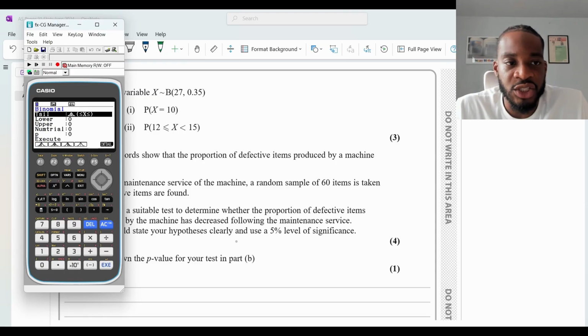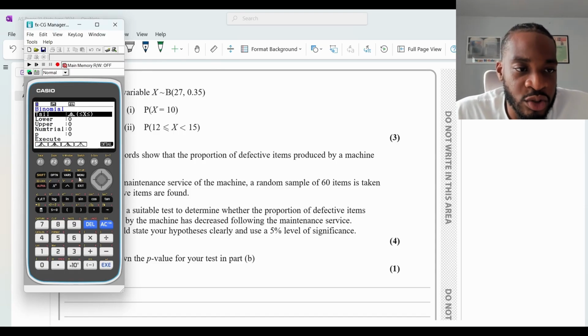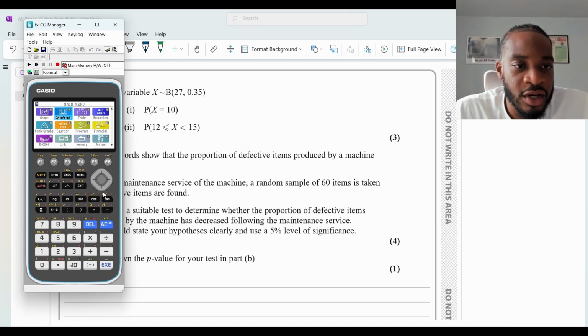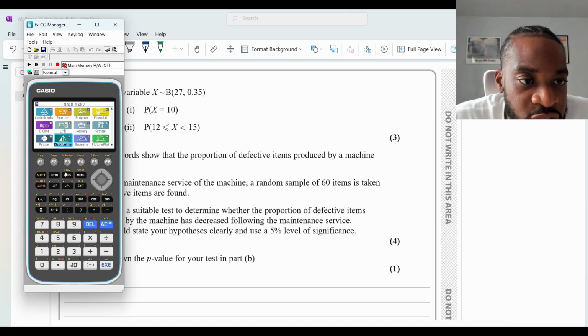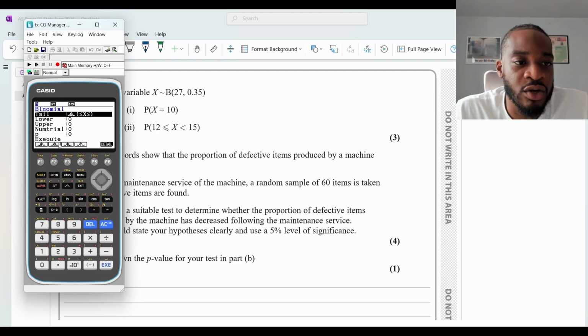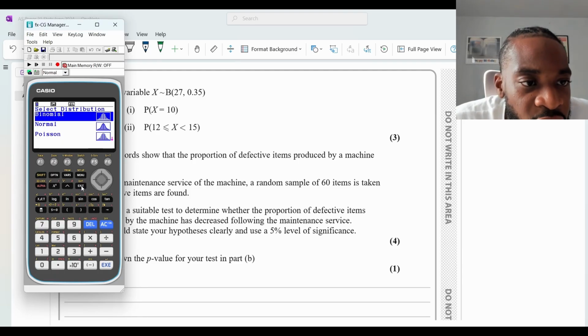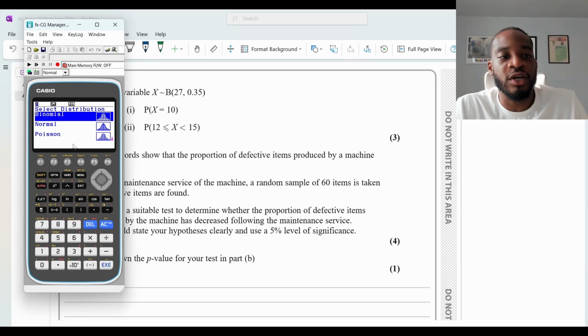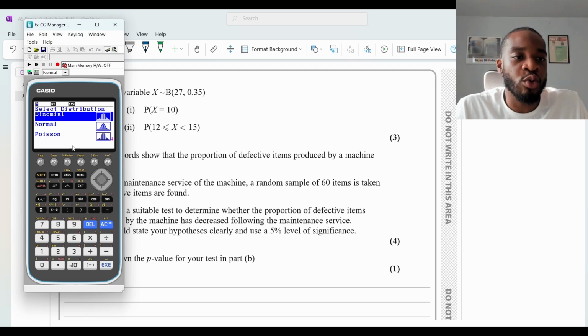So I'm going to get my CG50 up and go to binomial. What I'll do is I'll just show you how to do it from the start. So let's just say you're at the menu, you're going to go down to distribution, click execute to get to it, and then you're going to go to binomial. Once you go to there, you'll see these three: binomial, normal, or Poisson.